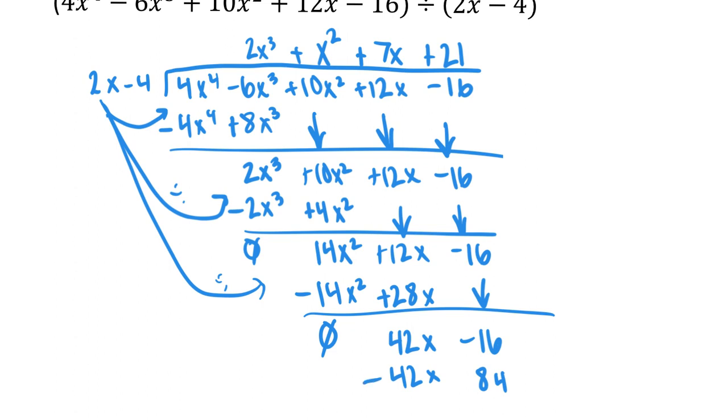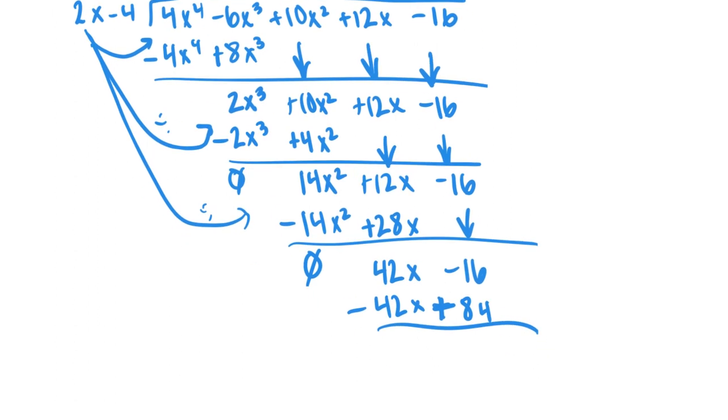Negative 84. So we're going to change each thing's sign. We end up with 0 here, and negative 16 minus 84 would be negative 68... that is our remainder.